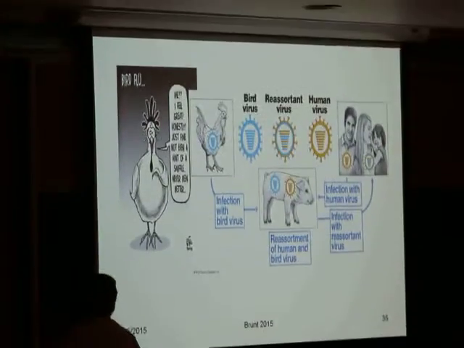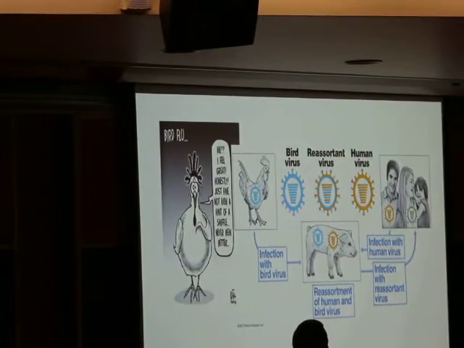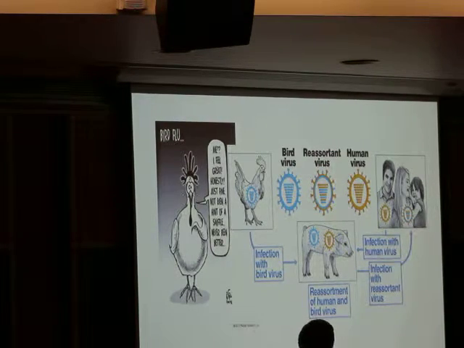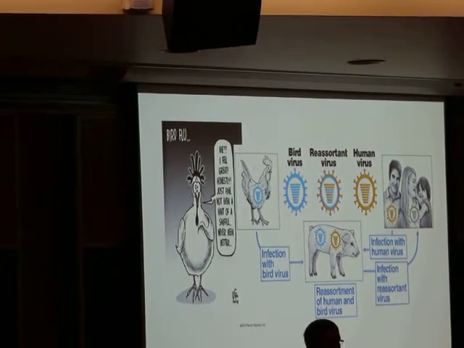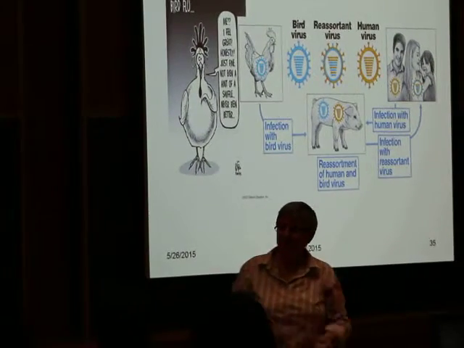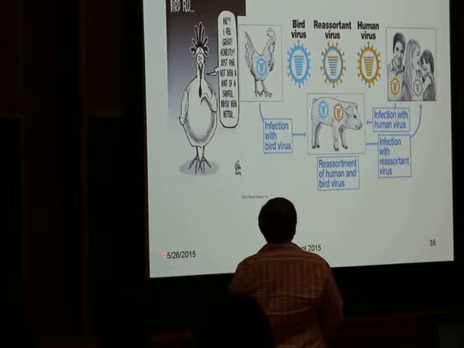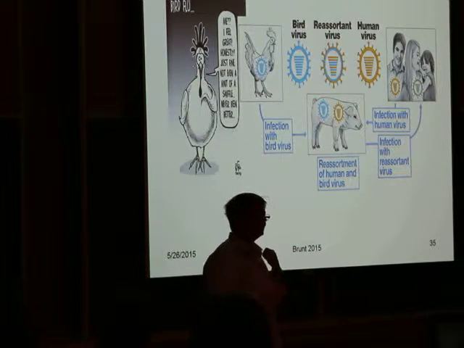So this could be a scenario. Here we have a bird. He has a flu virus. Here we have a human. He has a flu virus. Well, a pig gets infected with a human virus. By the way, pigs can support influenza, humans can support influenza, birds can support influenza. Then the pig gets infected with a bird virus.